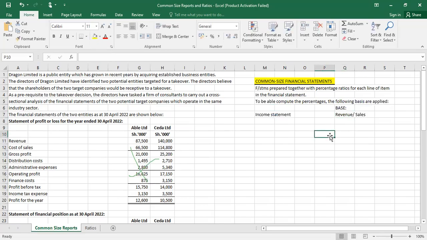You use revenue or the sales figure. And then for the balance sheet, the base is normally the total assets figure.